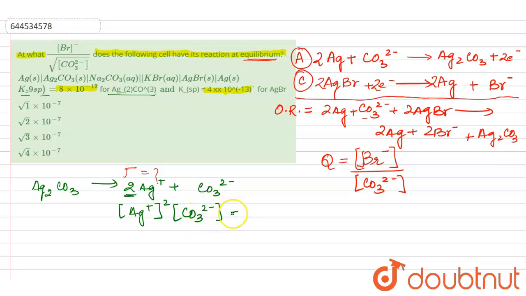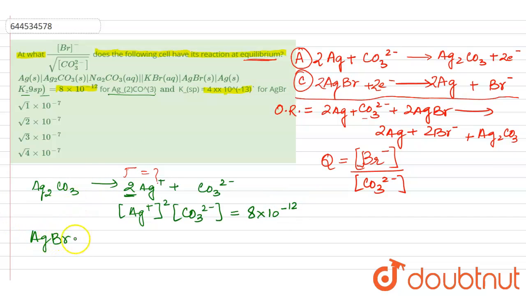What is KSP? It is the product of the concentration of ions produced. It is given as 8 into 10 to the power minus 12. Similarly, one more KSP value is given, that is for AgBr.